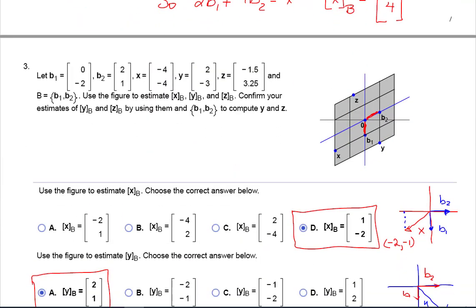All right, in question 3, we are given two basis vectors, and they're going to ask us to represent x, y, and z relative to that. All right, so let's take a look. So first off, where are these? B2 points this way. Here's B1.